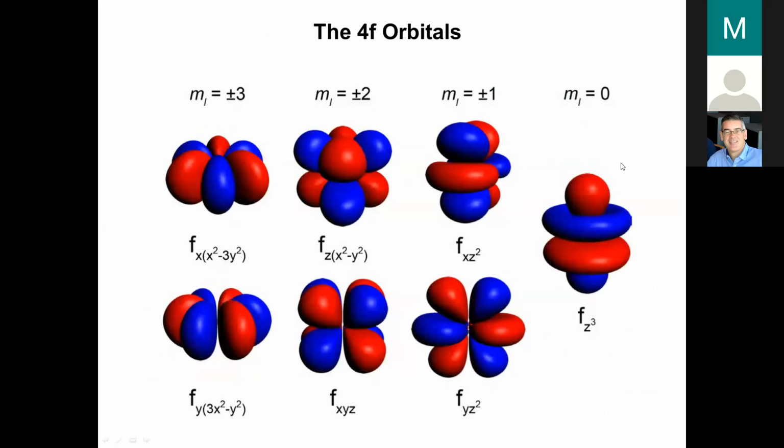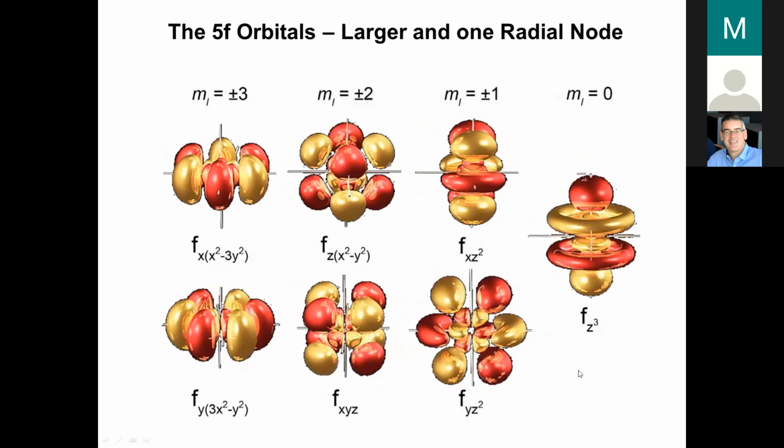Of course, you all know that as we increase the quantum number and go from the 4f to the 5f orbitals, we also need to add another node to these. So the 5f orbitals are not only larger, they also have an additional radial node, and some minor probability for the electrons to reside closer to the core on the inside.